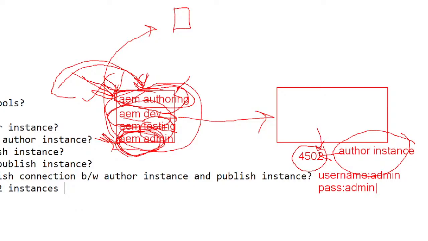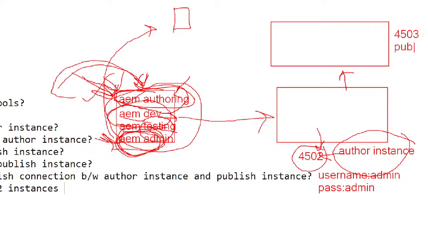Okay. Now, we set up the publish instance as well, right? But we did not make the connection between them. The port number of this is 4503, and this is the publish instance.